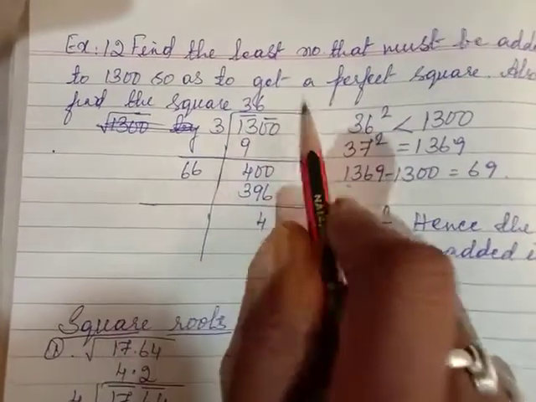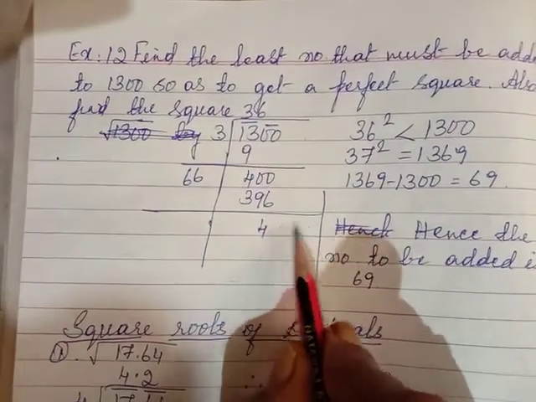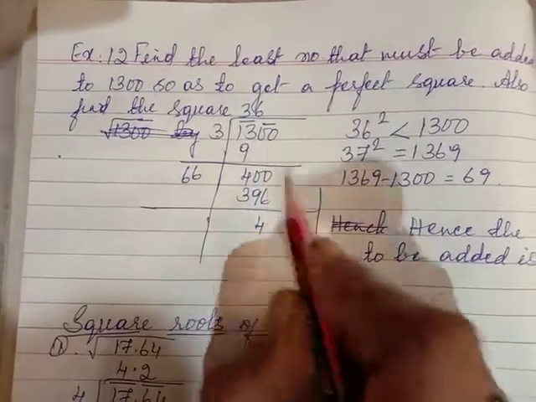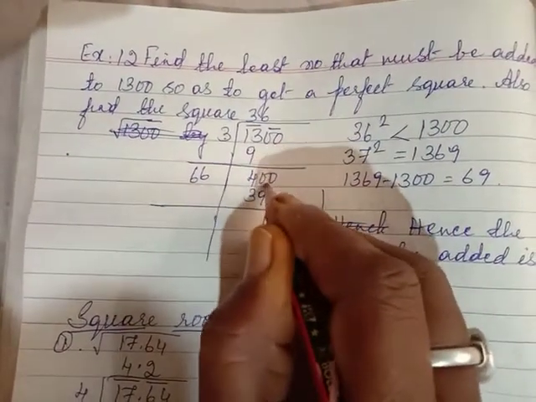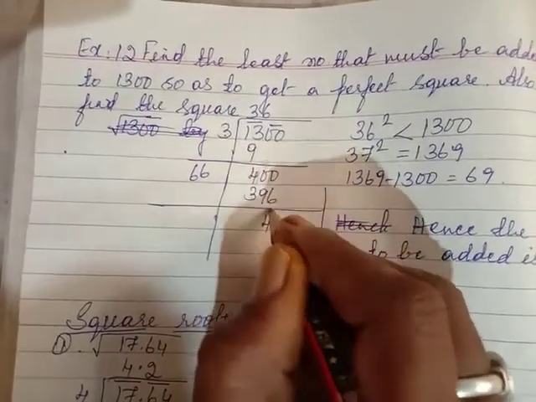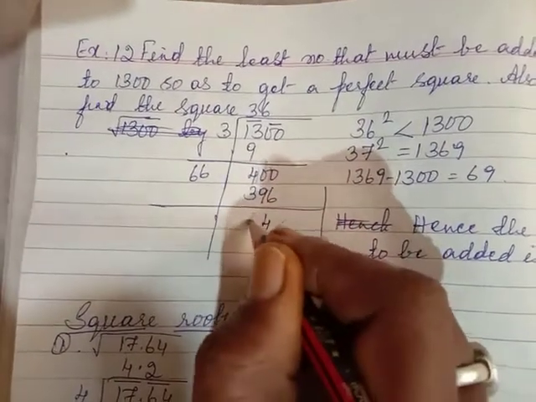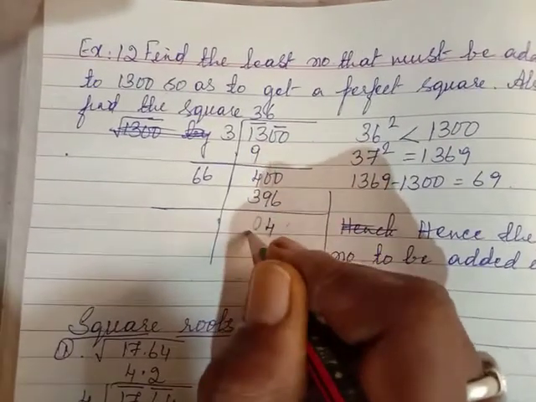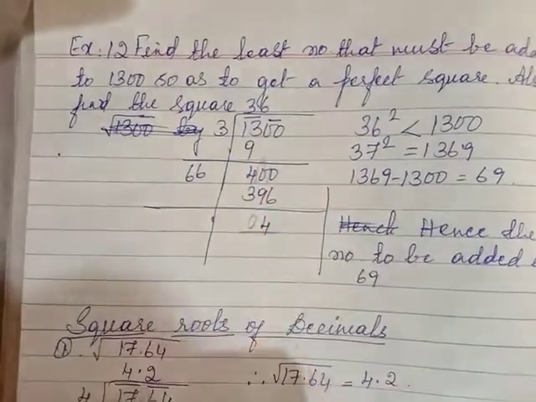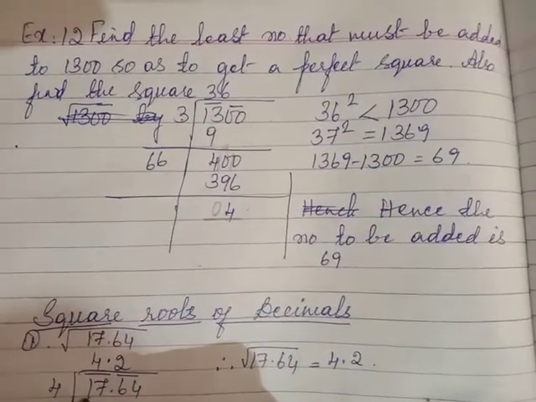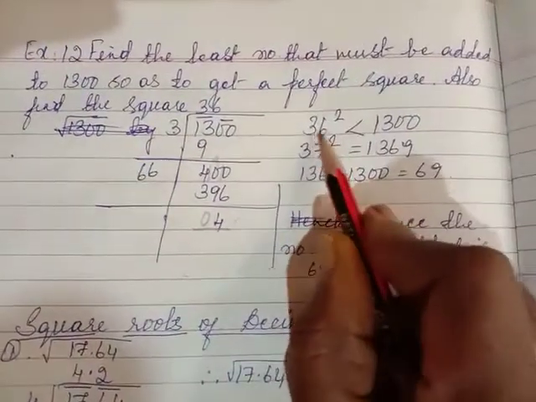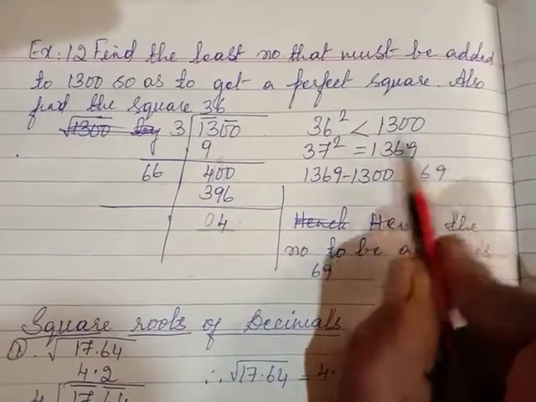So 66 6s are 396. If you subtract, you will get 10 minus 6 is 4, 9 minus 9 is 0, 3 minus 3 is 0. So the remainder is 4. Now 36 square is less than 1300.